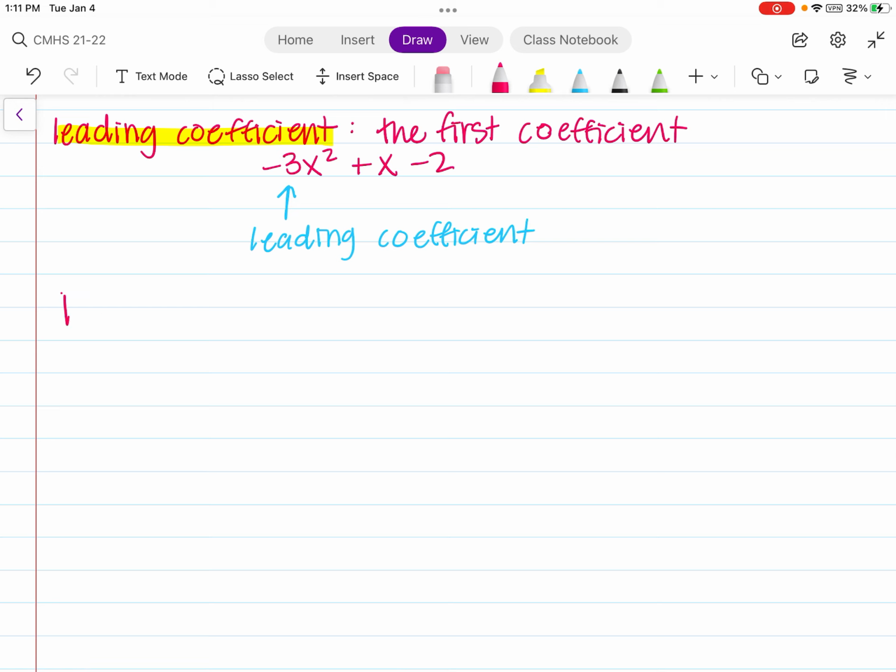So here we're looking at the direction that the function goes.